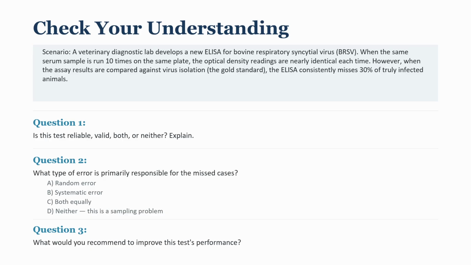You might also recommend running samples in duplicate to assess reliability, but that won't fix the validity problem. It will just confirm how reliably wrong the test is.